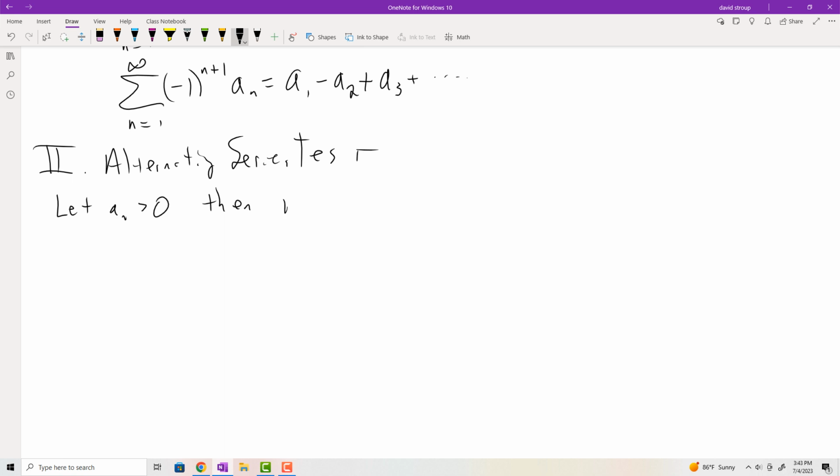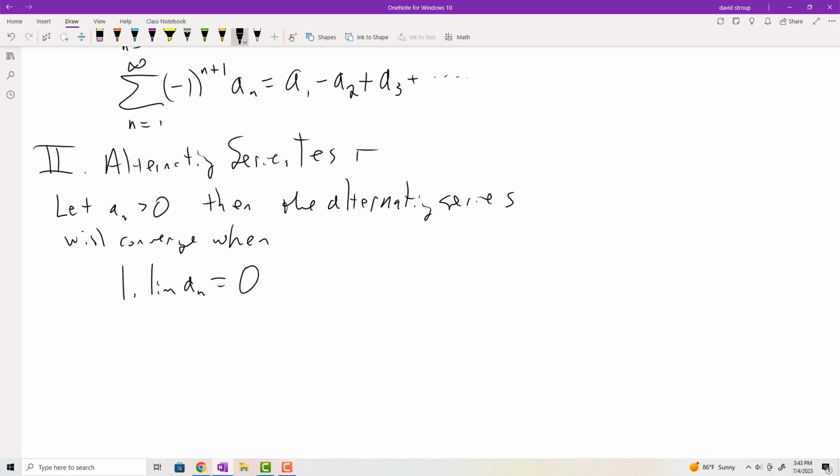And then the alternating series of one of the above forms will converge when the following two criteria are met. First, I'm going to require that the limit of this positive portion, the a sub n portion, goes to 0. And that's very similar to the nth term test for divergence.